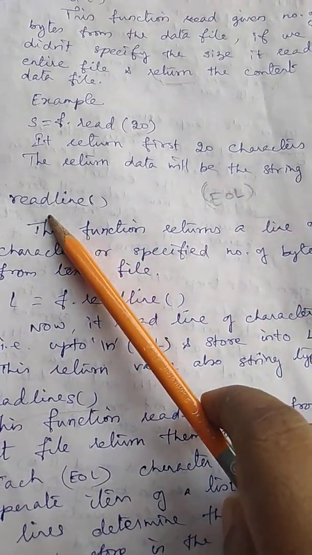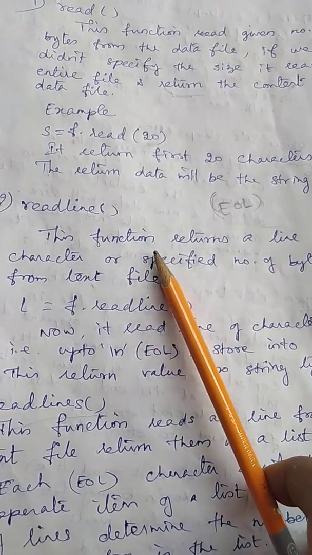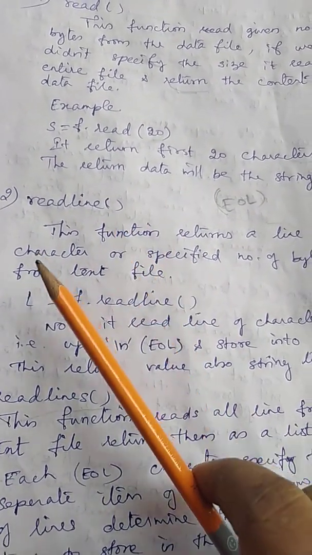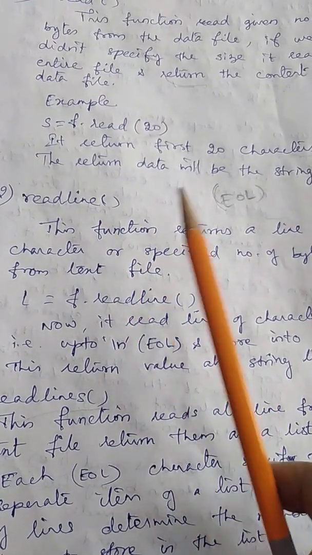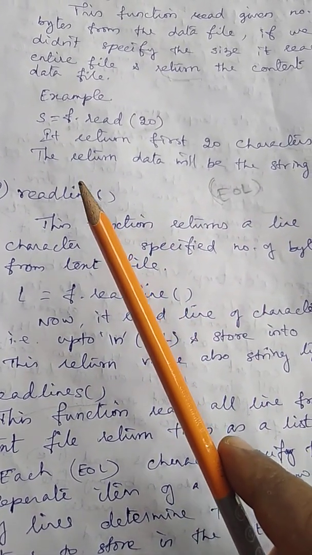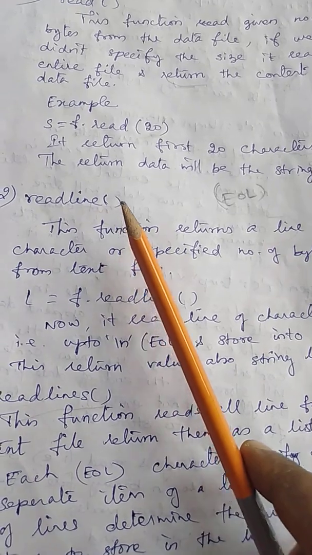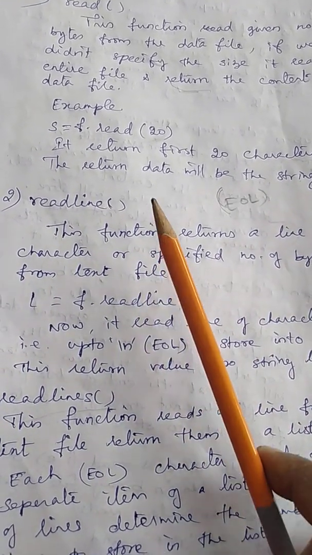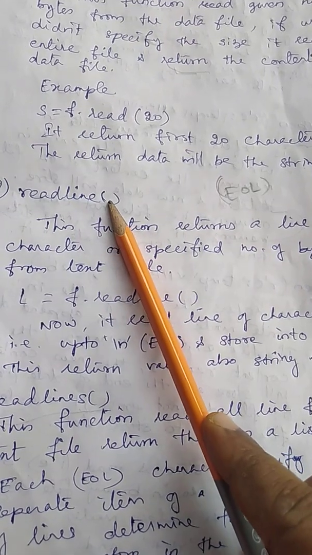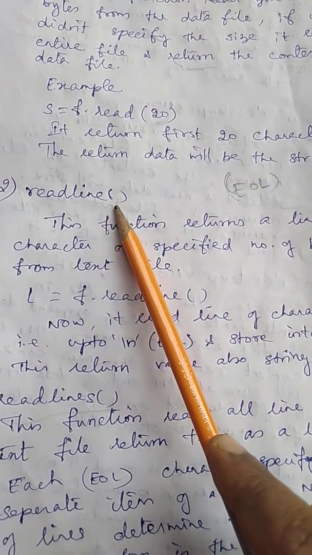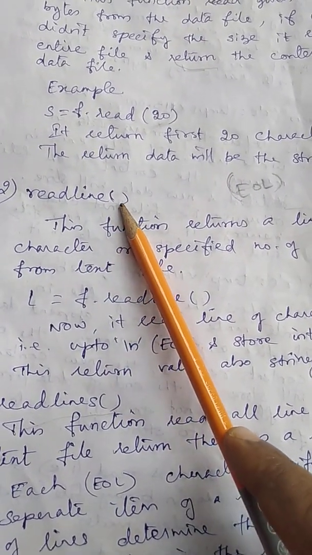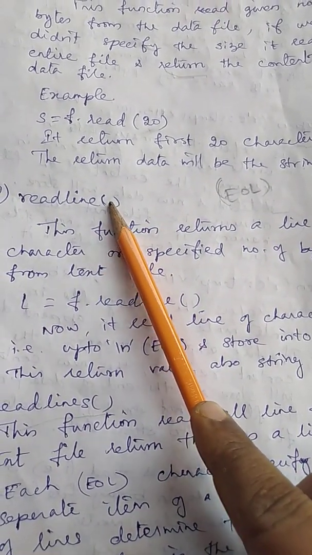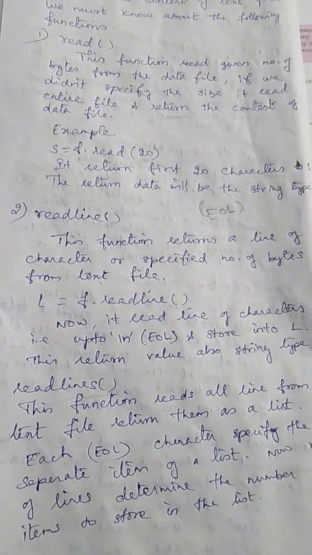So the readline function helps us to return one line of the particular data file. Now if we are not specifying any argument in this readline function, it will read the entire line in the file. If we specify the argument, then that much of data will be read.